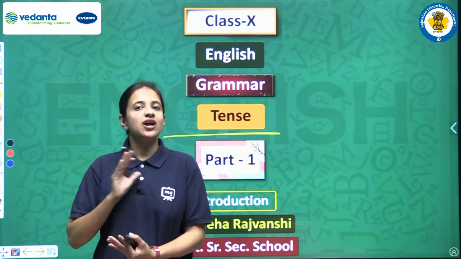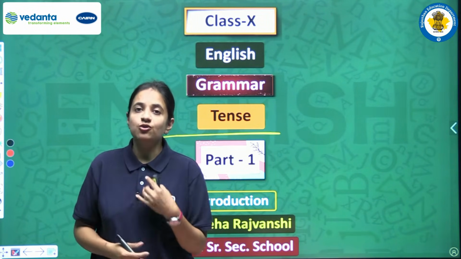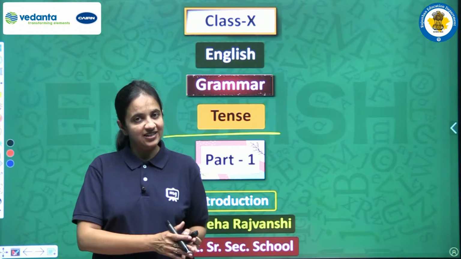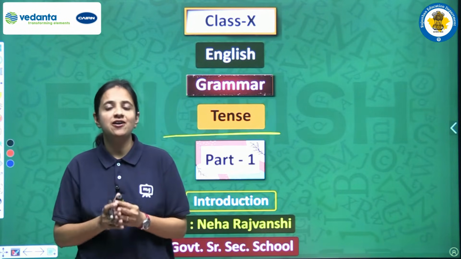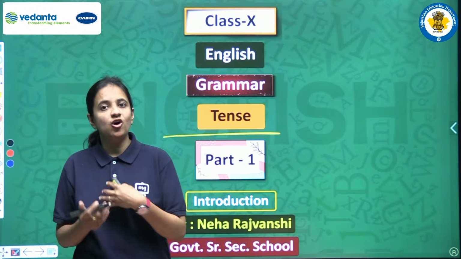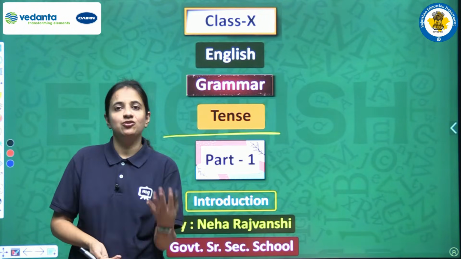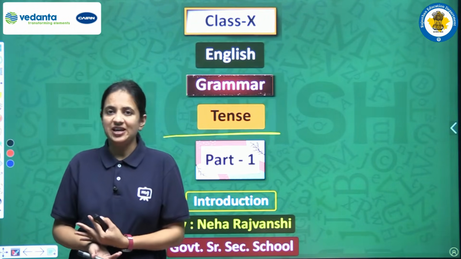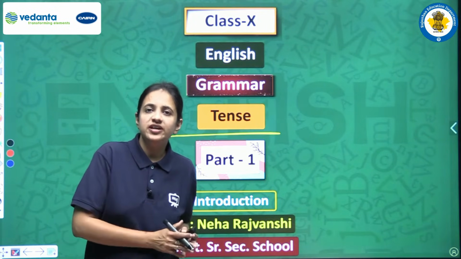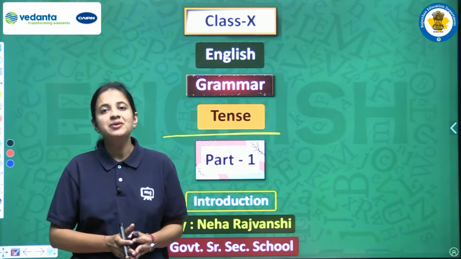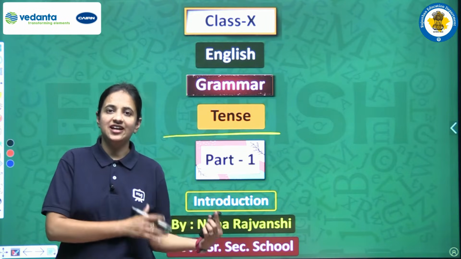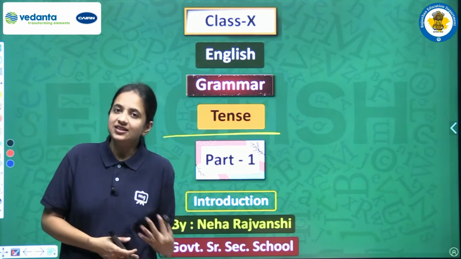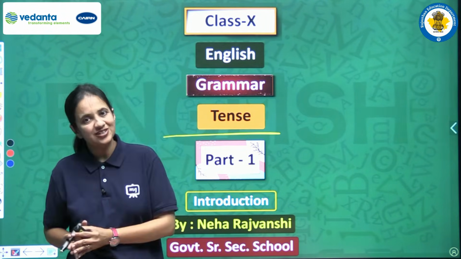First of all, you have to identify which tense is used in that sentence, and at that time if you have a clear idea about all the rules, about the helping verbs, about the main verbs, then only you will be able to write the perfect helping verb and main verb that is used in that tense, okay? So we will cover all these things, we will learn all the rules of the tenses.